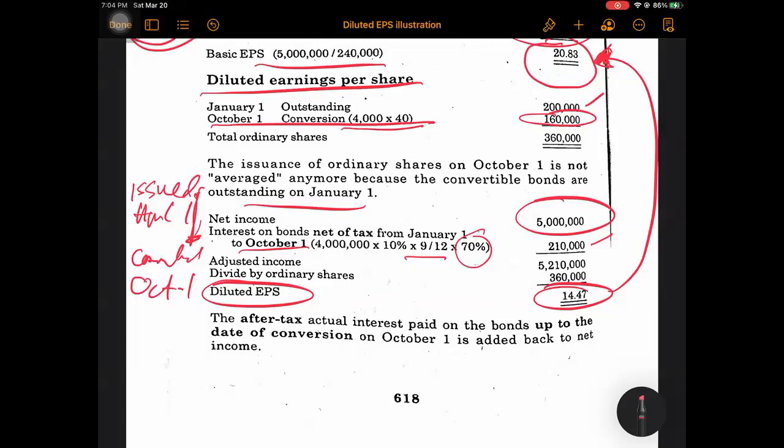Other question, before we proceed with the second type of potential ordinary share, which is the convertible preference shares. Nasabtan ra ba ni?